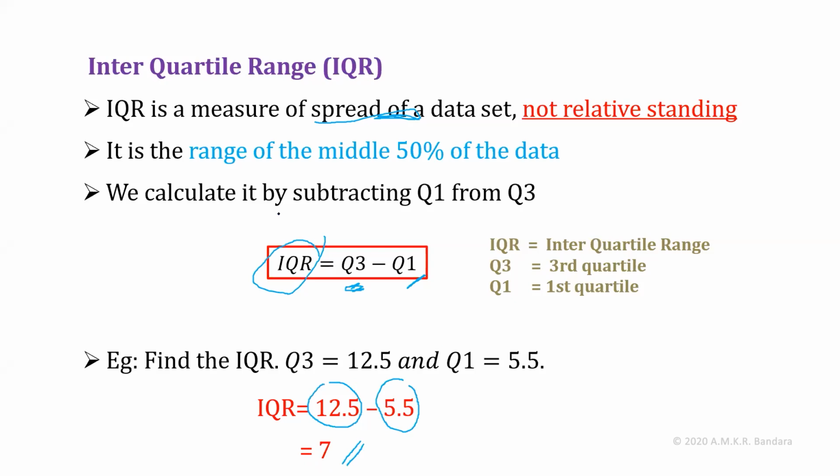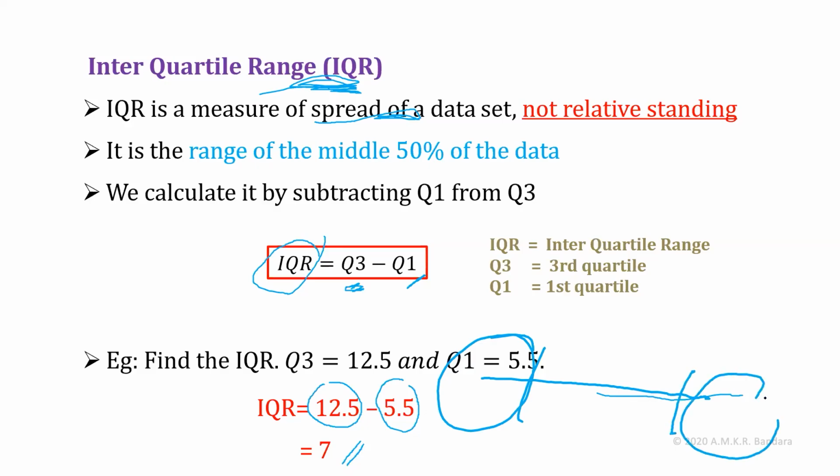Those were affected by extreme observations. But the interquartile range, IQR, is not affected by extreme observations because here we are omitting the lower end data points and upper end data points.